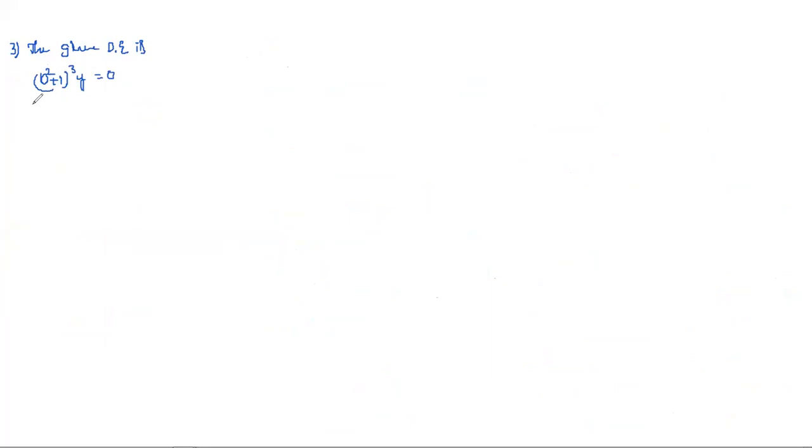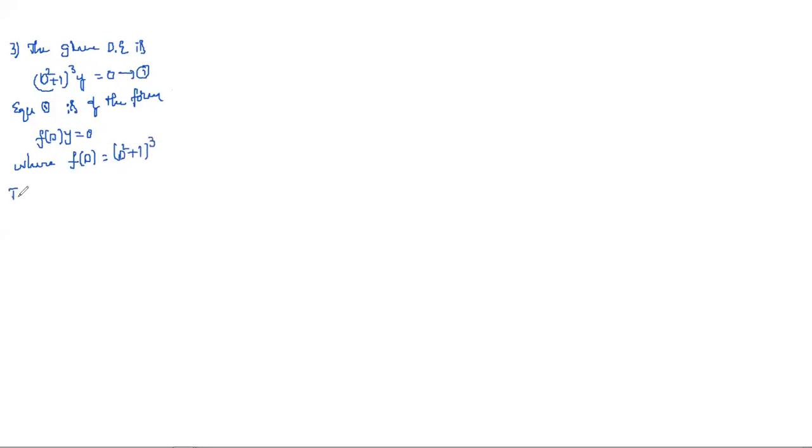Let it be equation 1, which is of the form f of D into y is equal to 0, where f of D is equal to (D square plus 1) whole cube.